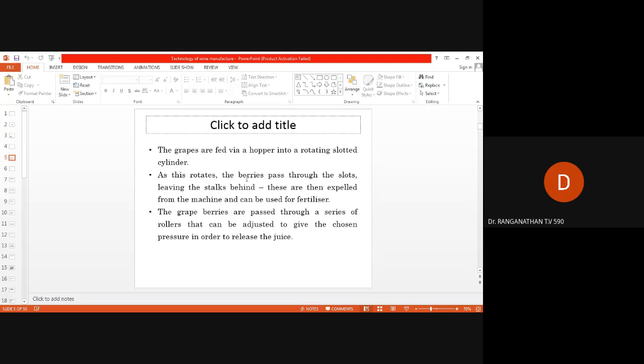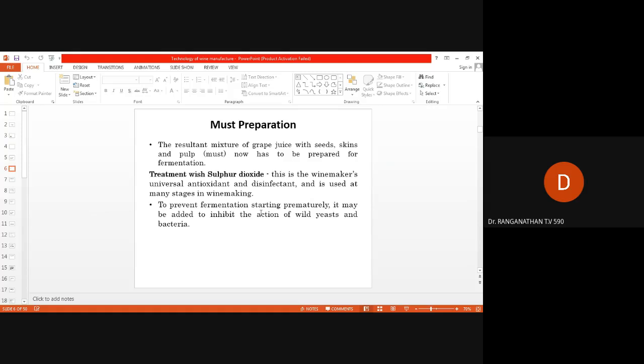As this rotates, the berries pass through the slots, leaving the stalks behind. This is the construction of the destemmer or destalker. The stalks are removed and expelled from the machine. The grape berries are passed through a series of rollers, which are adjusted to give a pressure in order to release the juice. This is the large-scale industrial method of doing it.